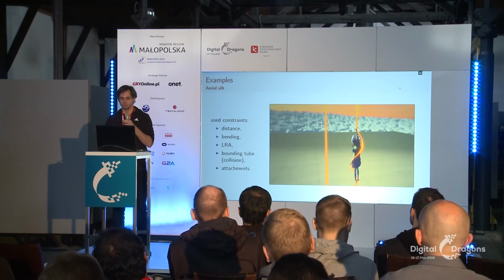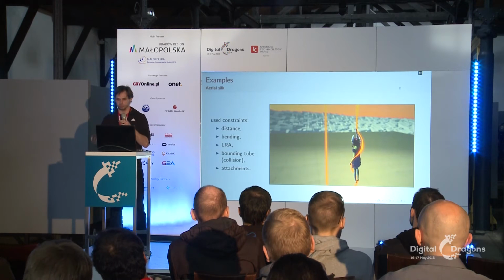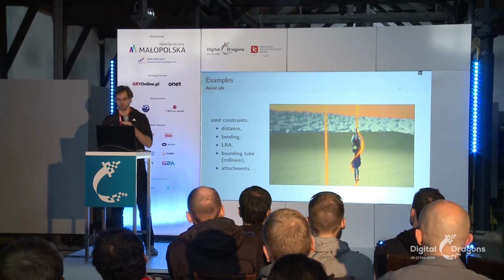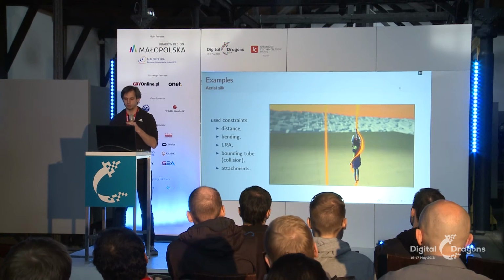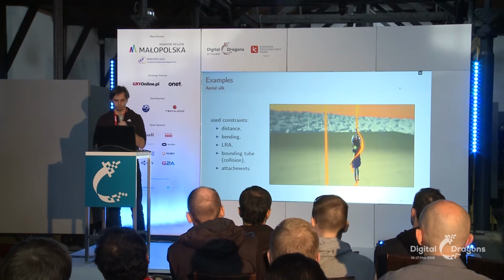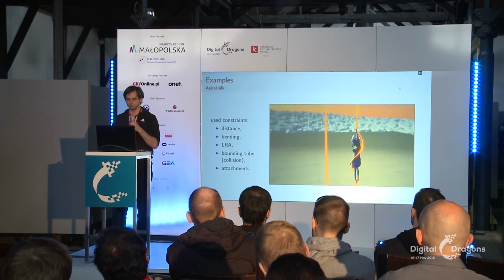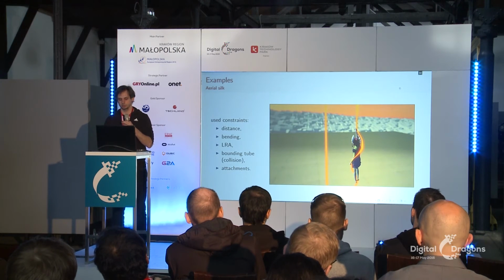This constraint keeps the aerial silk inside a virtual tube. It's very helpful when you build gameplay mechanics, and it also prevents too much swinging on the rope. And of course additional attachments when the character jumps on the silk.